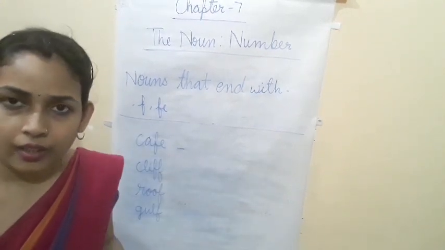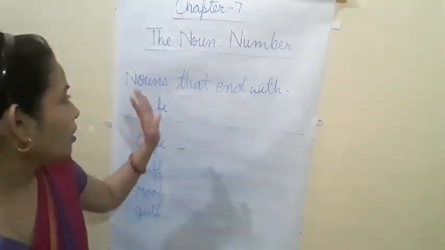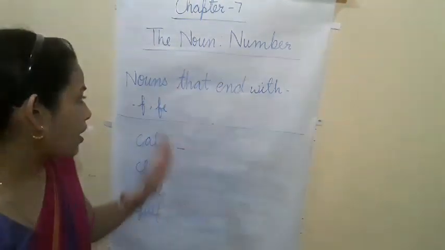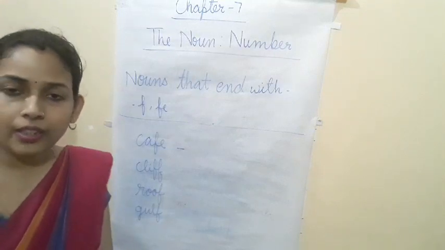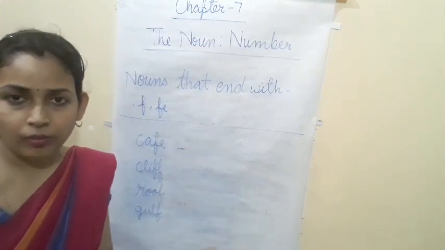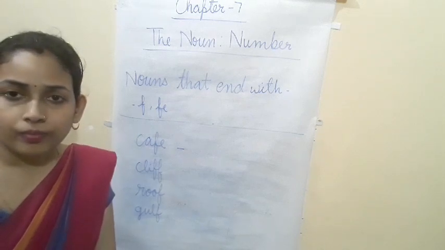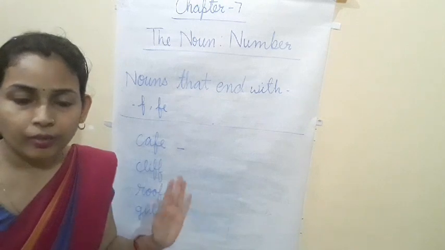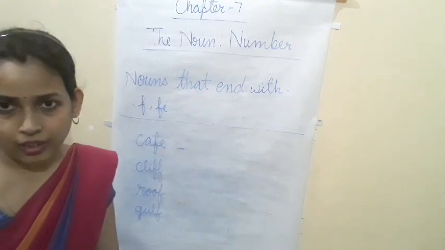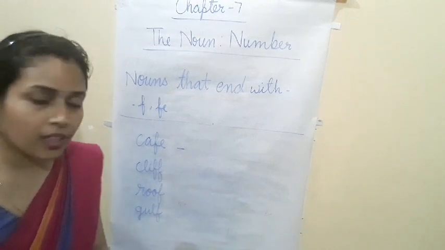In some cases, you can see nouns that end with f or fe. Earlier we dropped f and fe and added ves there. Now here some exceptions are there.